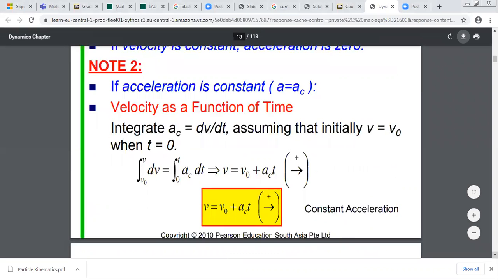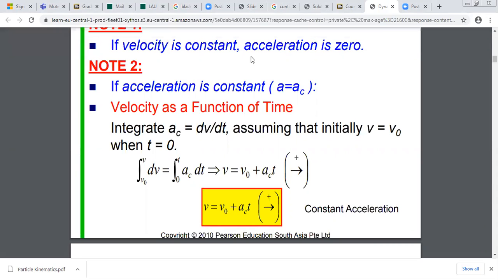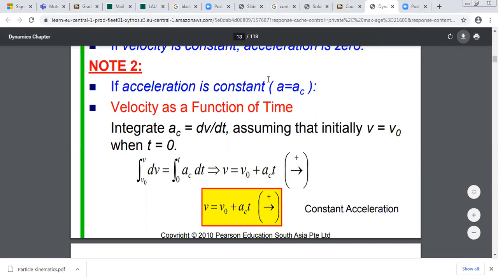Now let us see what will happen if I have constant acceleration. In school, you are familiar with equations of constant acceleration. Now we will see how to derive them. If you have a constant acceleration, a_c, and you want to get v as a function of time, then you need a relation between acceleration, velocity, and time.